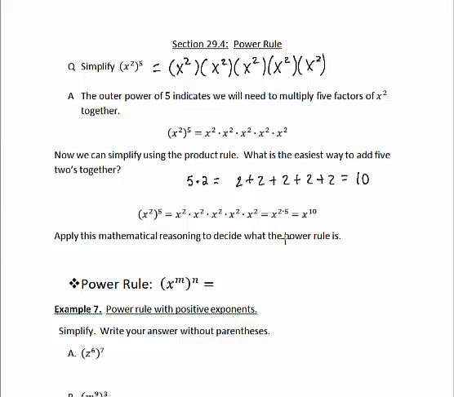And so the power rule tells us that when we have an exponential expression with an exponent that is raised to an additional exponent, we can multiply the exponents. So as far as a general statement of the power rule, x to the m to the nth power is x to the m times n.